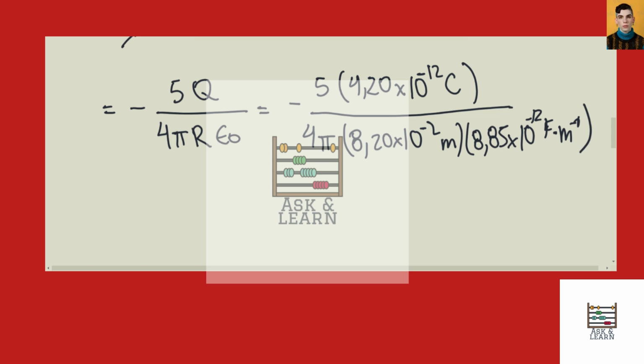So when we put all of this into the calculator, we obtain a value of minus 2.3 volts. So this is the electric potential at the center of the circle.